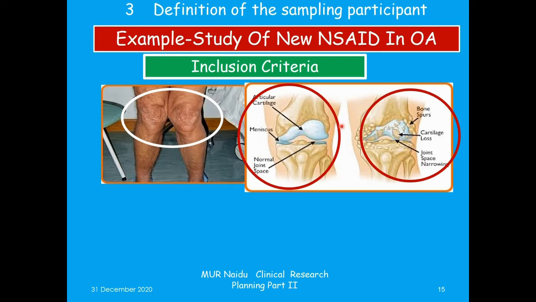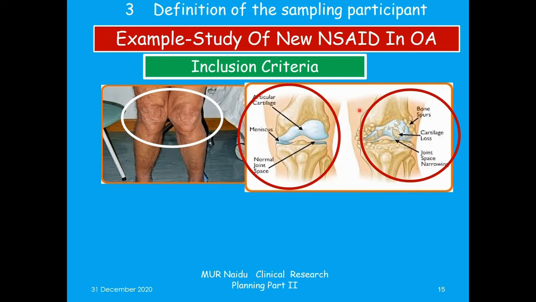The right side of the picture is an X-ray from a patient suffering with osteoarthritis. You can see that there is a loss of cartilage, there is a bone spur, and the joint space is narrowing. So X-ray is one of the very important criteria for selecting the patient.